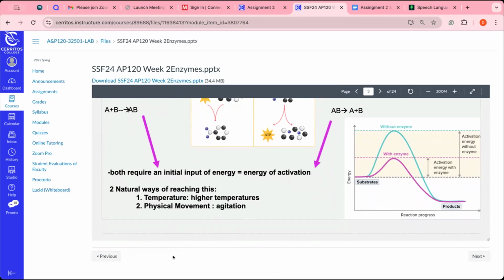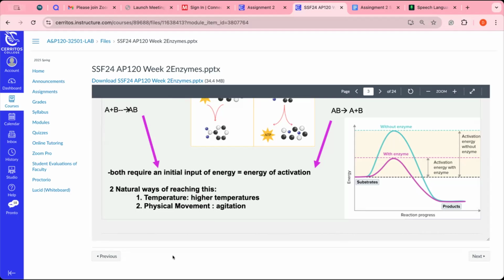graphic on the side shows you that if you have a substrate, which remember are the components of a chemical reaction, and you don't have an enzyme present, it takes a lot more energy to eventually activate that.